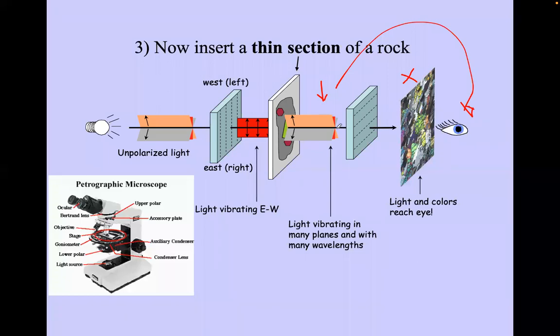But the minerals which cannot reorient the light will keep its vibration direction the same as the east-west direction, so that light cannot pass through the second polarizer, and finally they will remain black every time. Although you rotate the stage, they will not change their color, because they can't reorient.